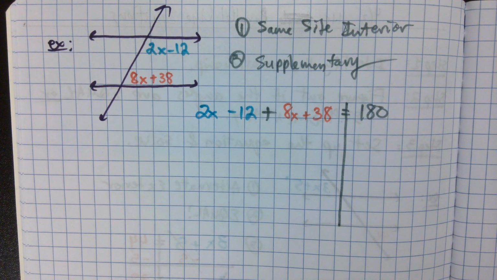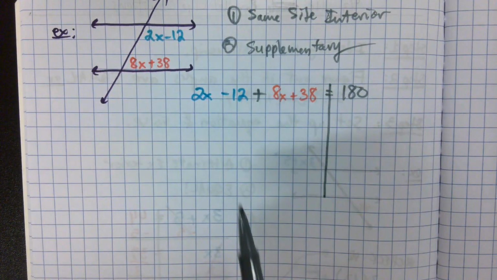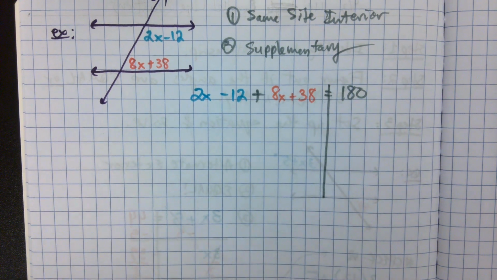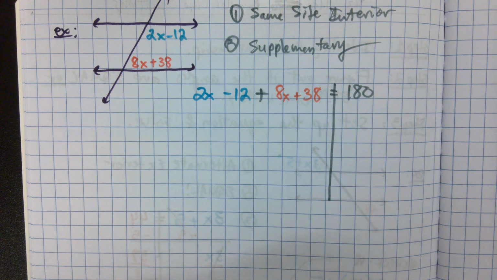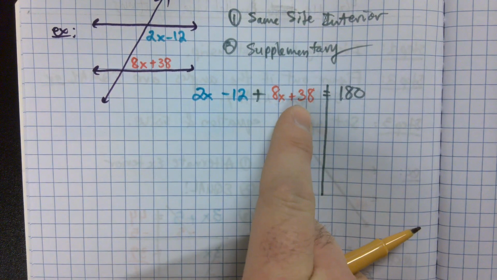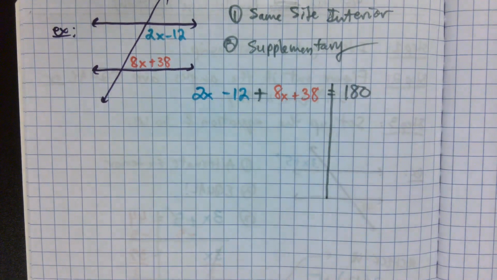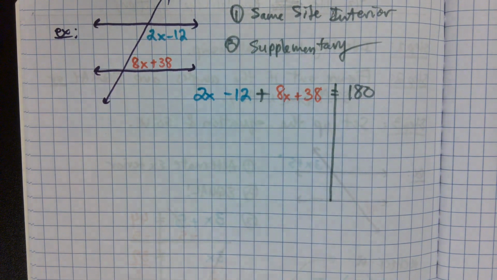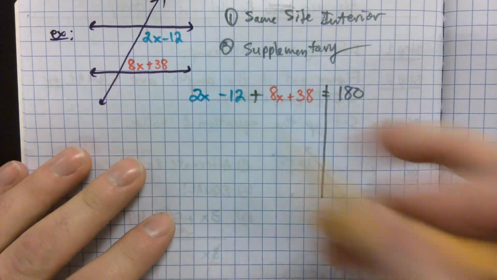Now, when you see a super messy left-hand side like this, that's when we want to combine like terms, right? I've got a variable term, a constant term, a variable term, and a constant term. What can I combine together first? Hold on.